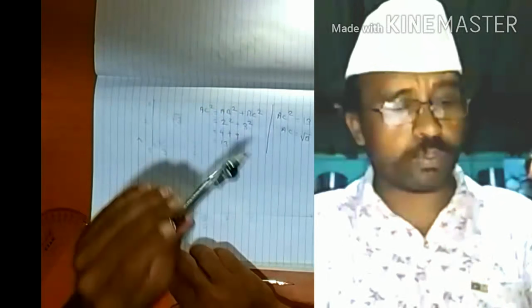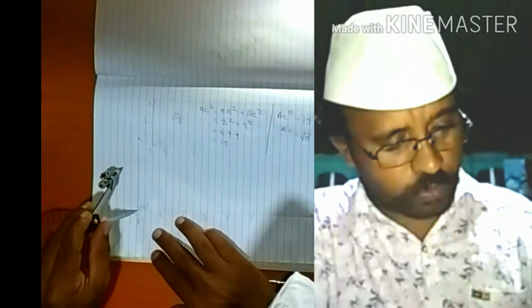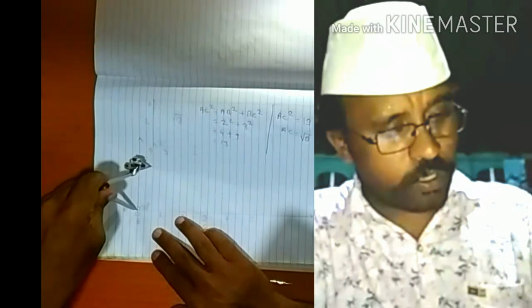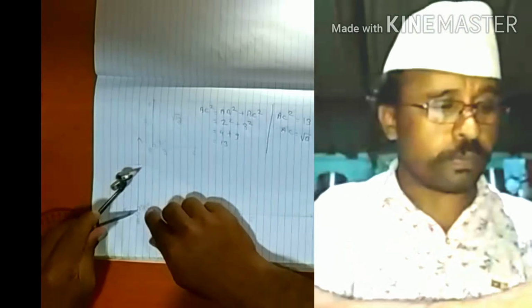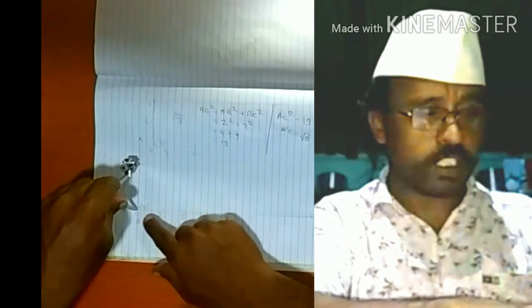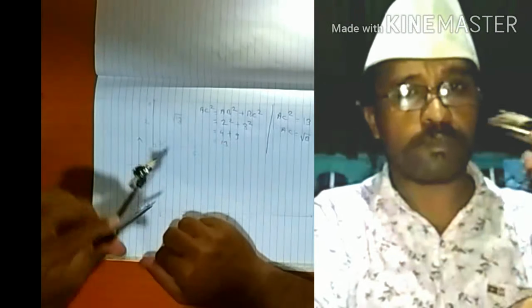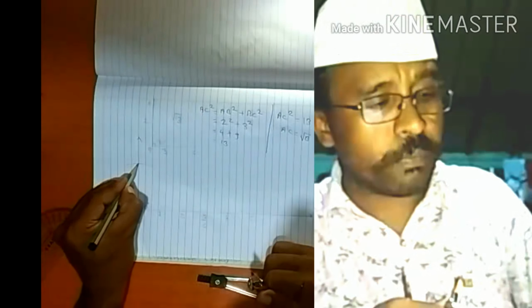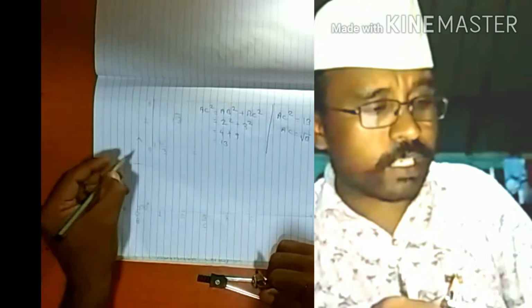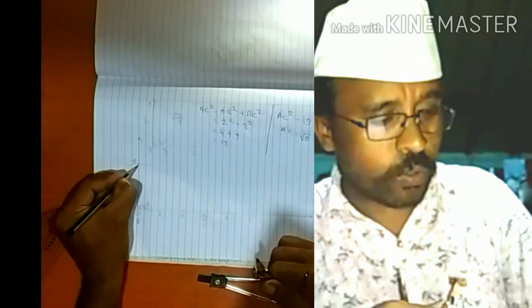So for that what we have to do? Put the tip of the compass on 0 or point B, draw one arc. So from this point to this arc is 2 units, means we can say this intersection point of ray and arc is point A. So A, B, C, one triangle is created.